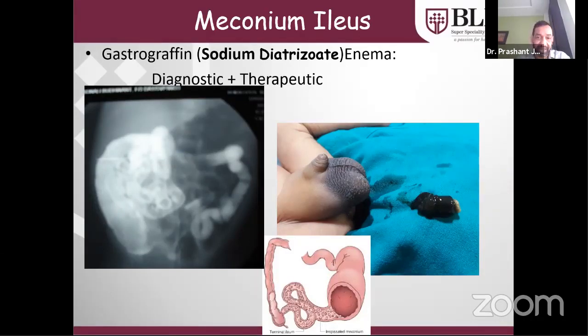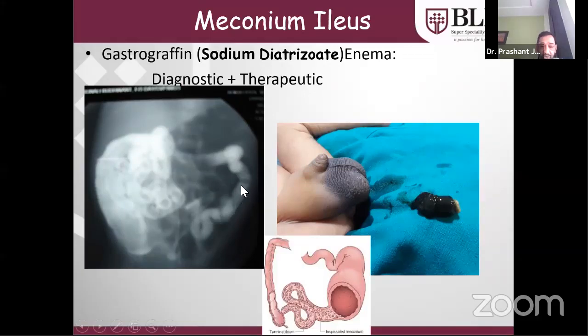It will not only be diagnostic, but also therapeutic, because once the gastrographin goes inside the intestines, it acts as a hygroscopic agent, it absorbs the water, it dilutes the impacted meconium, and the child then starts passing the meconium plugs. So this is what has happened in this case. We did a gastrographin enema study.